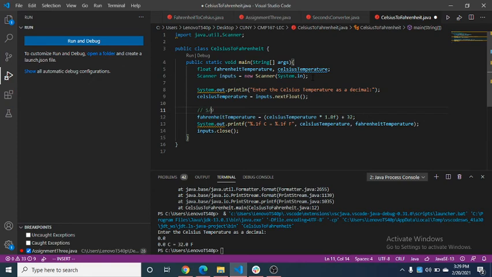You do 5 divided by 9, and you do a cast like this, double. That's an explicit cast. Or you do 5.0 on one of them, or 9.0 on one of them. That's an implicit cast.